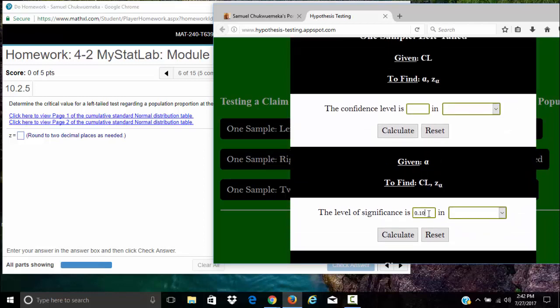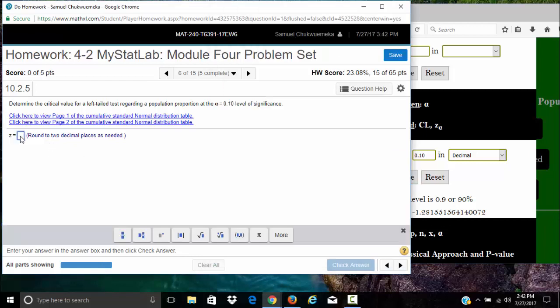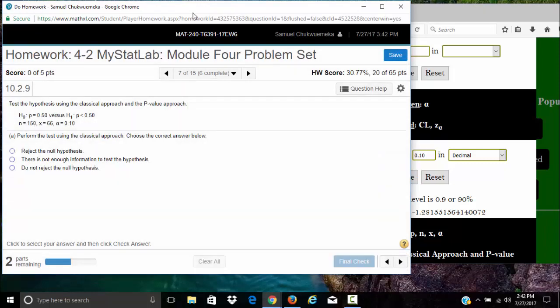So you put 0.10 and you make sure you select decimal. Please don't put percent. Make sure it's decimal because this is in decimal, and click calculate. So the critical value, round to 2 decimal places as needed, is negative 1.28. That's your answer.